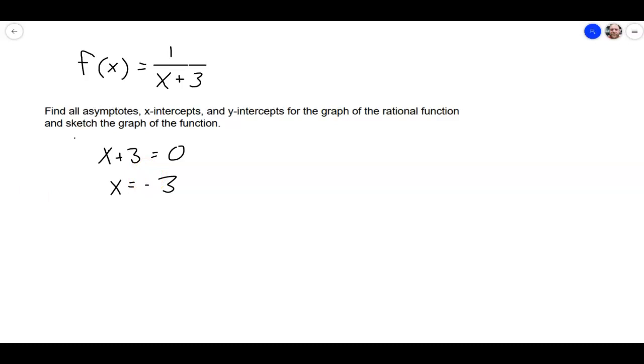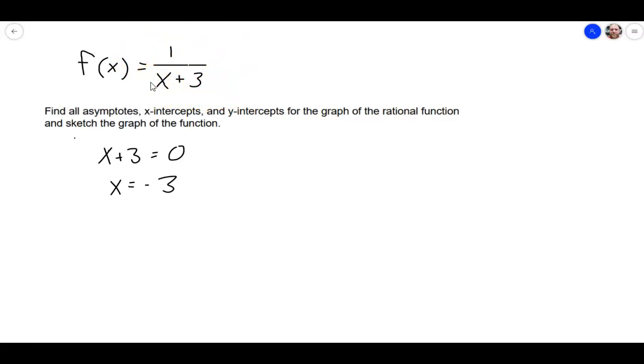For our horizontal asymptote, we're going to see what happens when x gets larger and larger and larger, or smaller and smaller and smaller. And in both cases, the numerator is staying the same, but the denominator is getting bigger and bigger and bigger, or smaller and smaller and smaller, and this value is approaching 0.